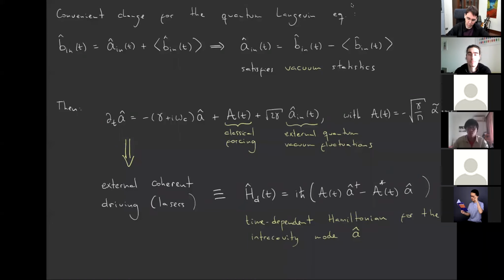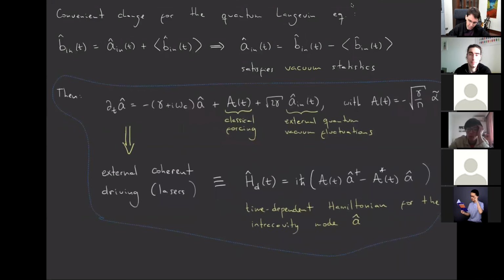Okay, so if you take the commutator of A with this Hamiltonian, you get exactly this driving term for the intracavity field. And this simplifies everything a lot. So you will see many times when you see papers and when you study quantum optics that people just write down this kind of Hamiltonian and they call it driving, and we are using it to describe lasers and so on. So now you know why they can do that.